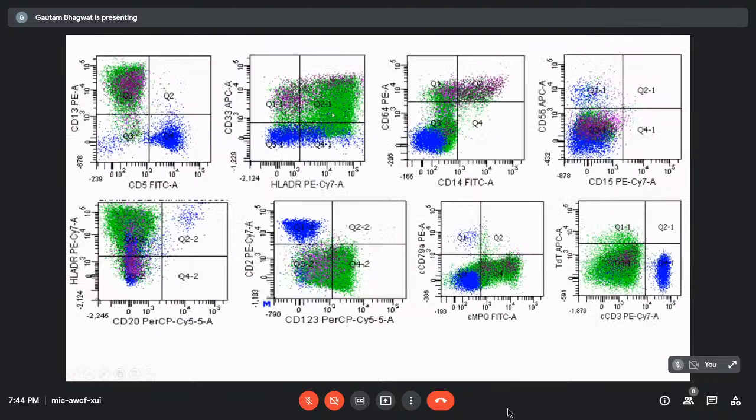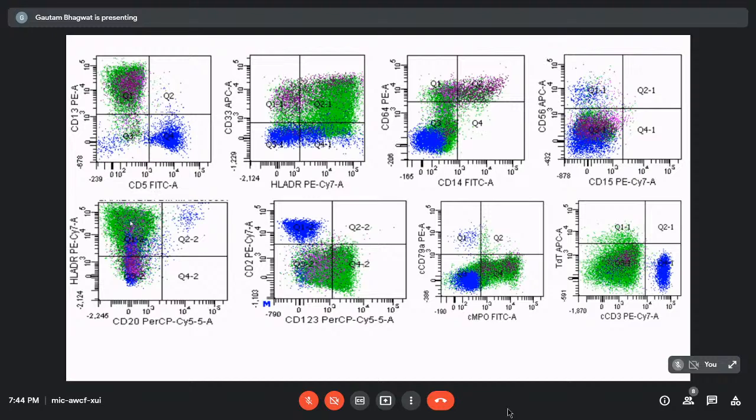CD13 positive, sorry for this crowded slide, CD13 positive, CD33 positive, and cytoplasmic MPO positive and HLA-DR positive. So HLA-DR, CD13, CD33, CD34, CD117 and cytoplasmic MPO positive. This is a classical case of acute myeloid leukemia NOS.